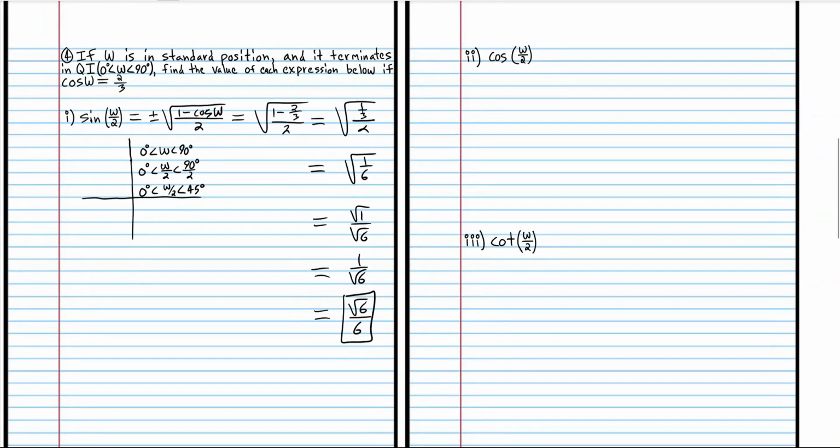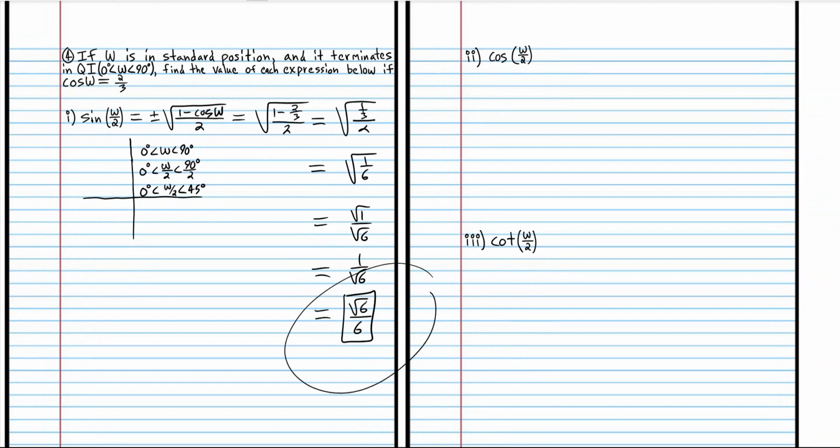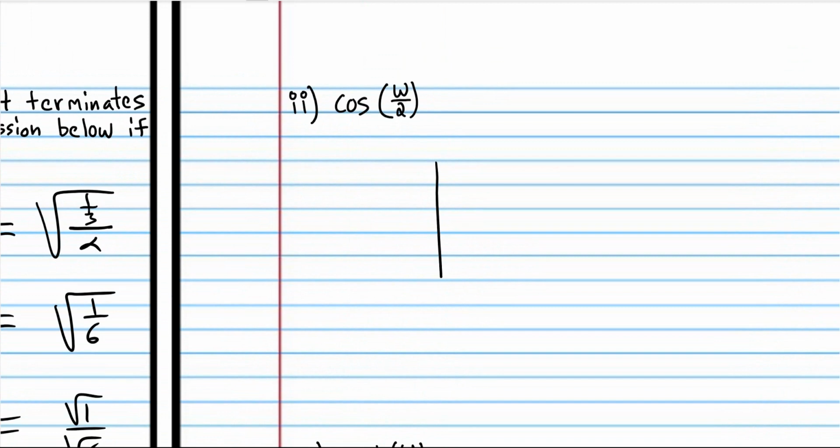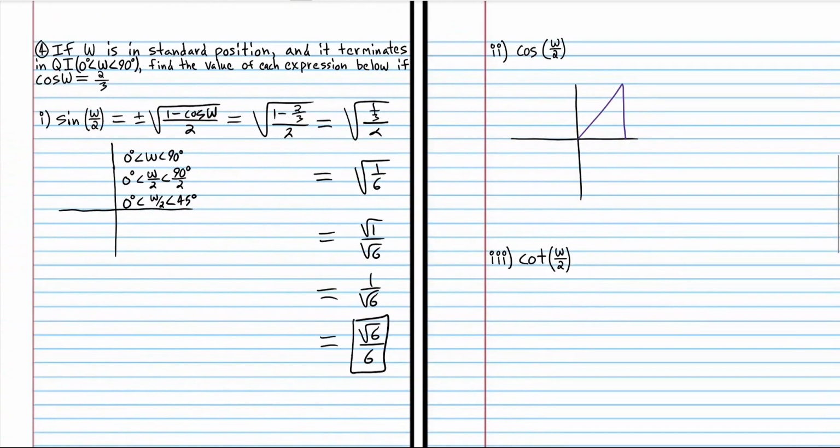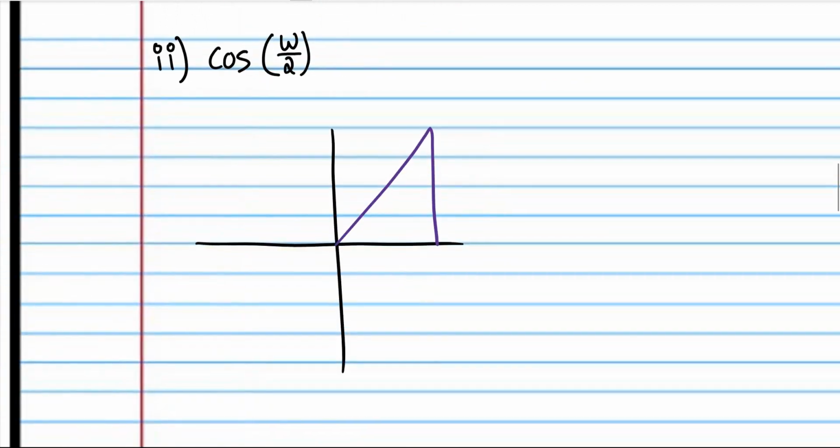So now we can use this information to find the value of all the other ratios. So let's draw a triangle. We know that omega over 2 terminates in the first quadrant. We know that sine omega over 2 is root 6 over 6.